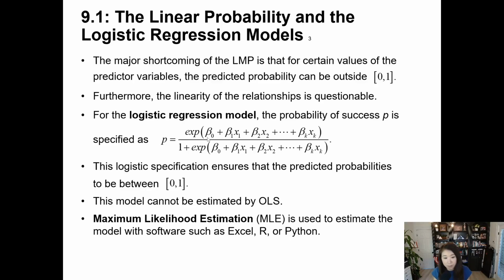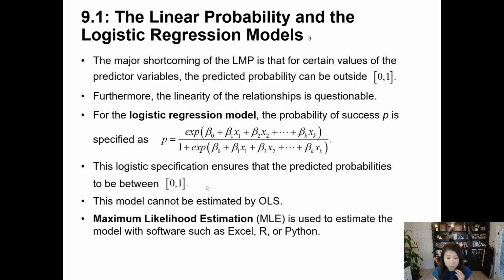So we put it in the linear form within the exponential term: beta 0, my y-intercept, plus beta 1, the partial coefficient of x1, beta 2, the partial coefficient of x2, etc. If you think the independent variables have an impact on your binary outcome, that is the model you are building. You just throw it into this form so that you can assure your predicted outcome is between 0 and 1, but the idea is still the same.